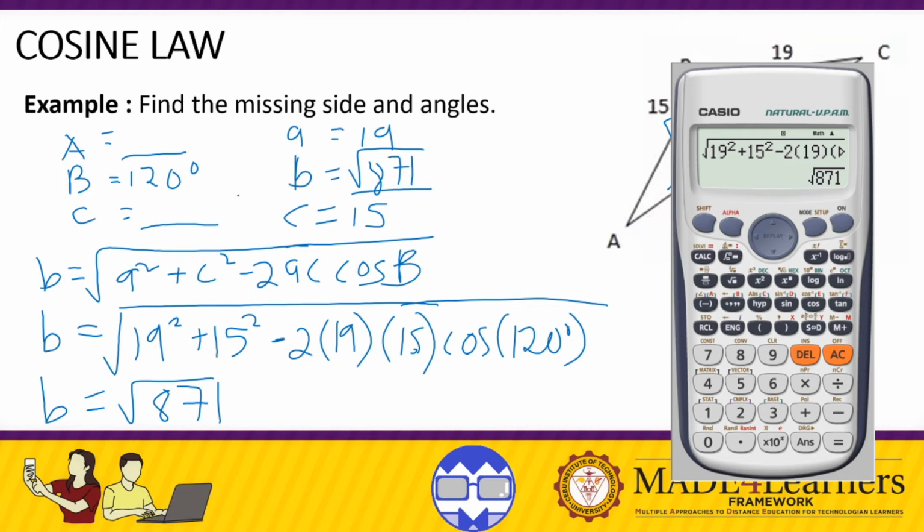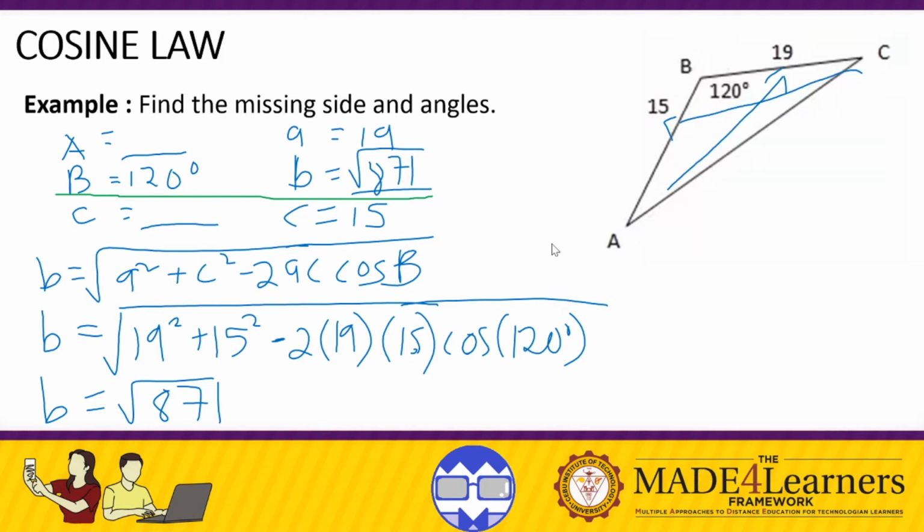Now since we have B, try to look at this. We now have a pair of angle and side. In case that you have a pair of angle and side, we can now apply law of sines.